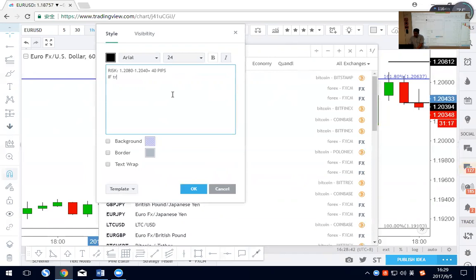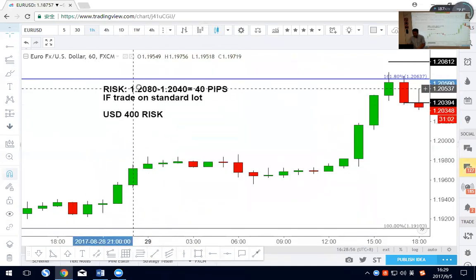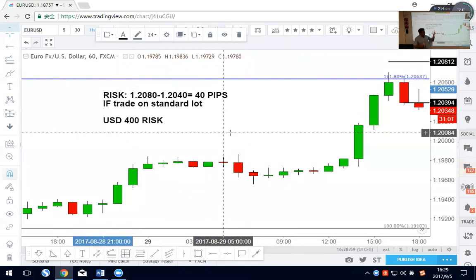If you trade one standard lot, which is USD 400 risk, then you have to ask yourself, are you willing to risk this $400 for this trade?